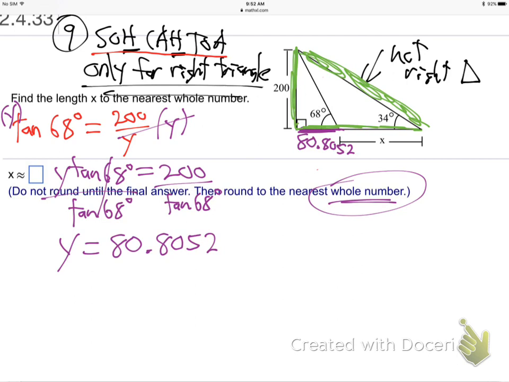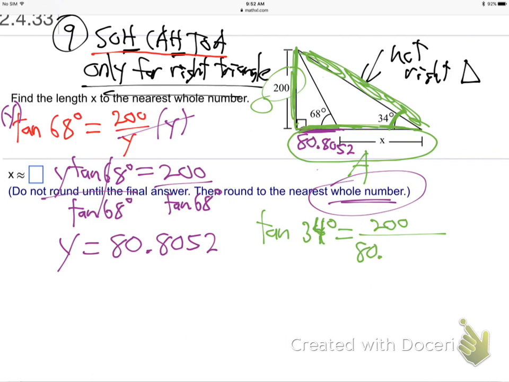All right, so now do the whole triangle and use the 34 degrees. How does 34 relate to the 200 and this, which is x plus 80.8052? Tangent again, right? The tangent of 34 degrees is opposite 200 over adjacent, 80.8052 plus x.